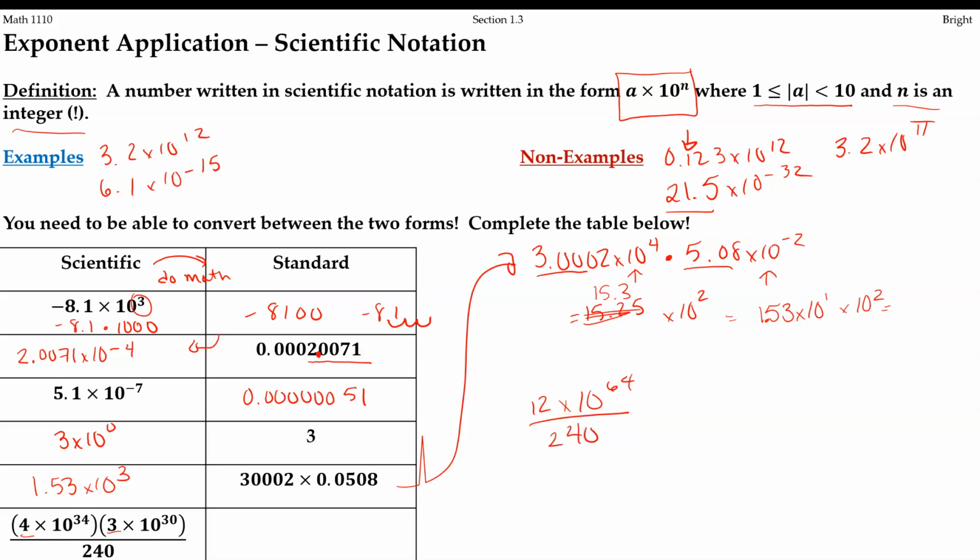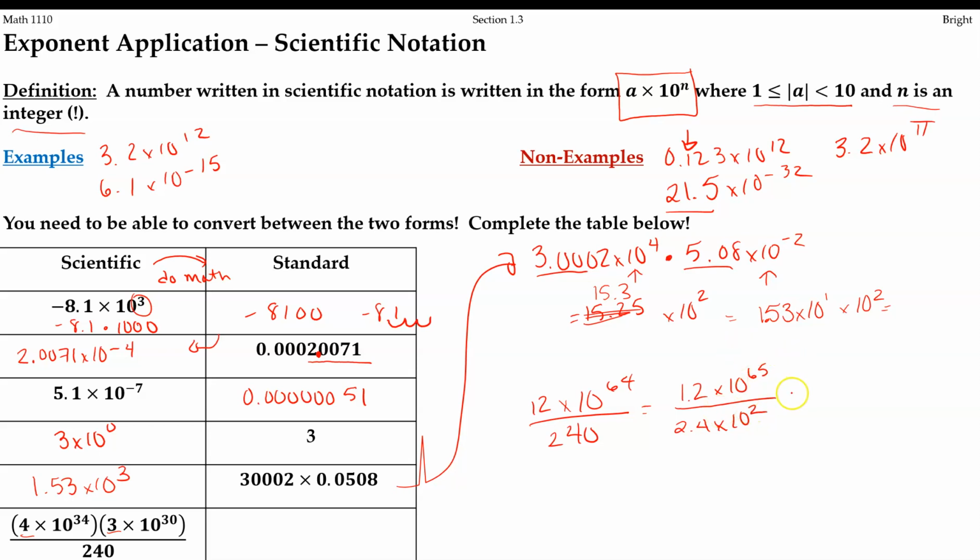Over, and then I would do 240. If I want to do this in scientific notation, this would be 1.2 times 10 to the 65th, divided by 2.4 times 10 to the second.